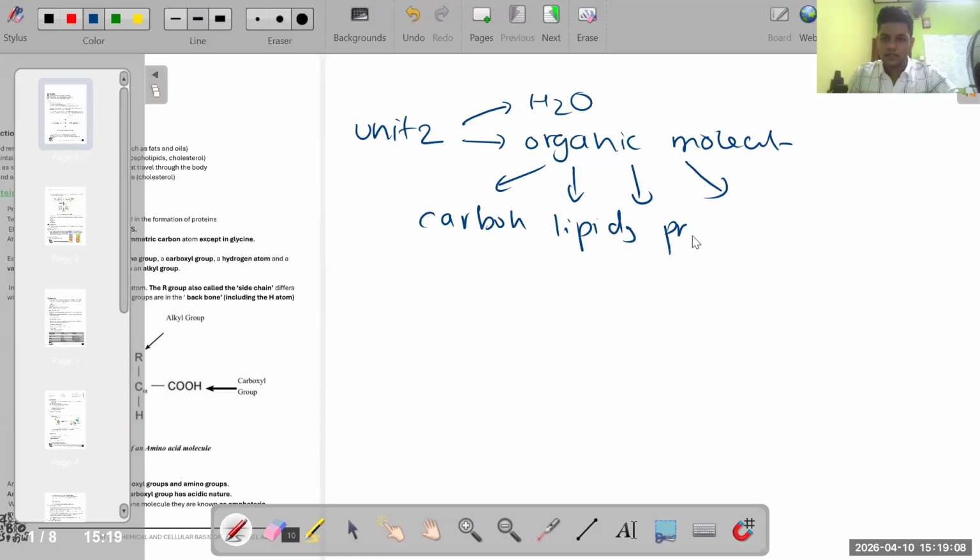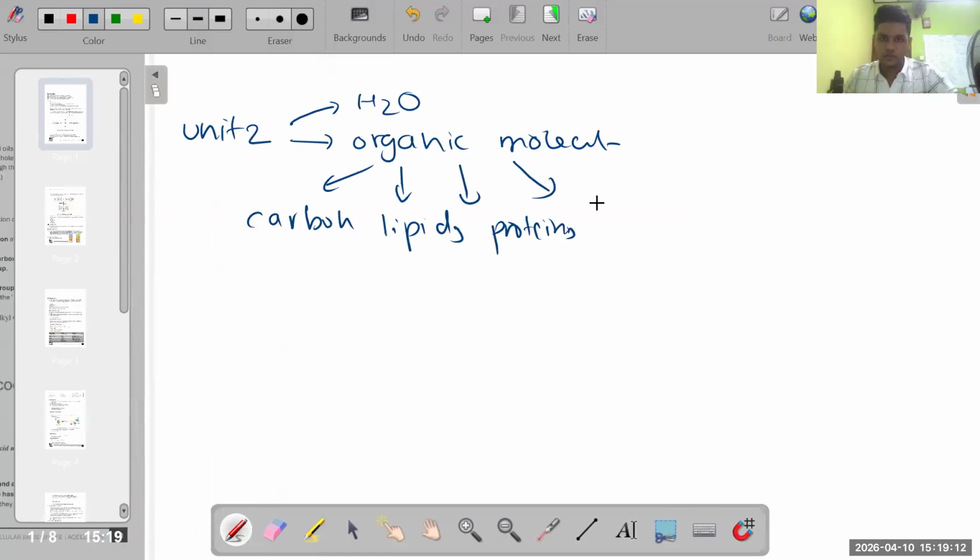And now the third topic is proteins, and the fourth topic would be nucleic acids, right? So after completing this, we can complete this second topic.